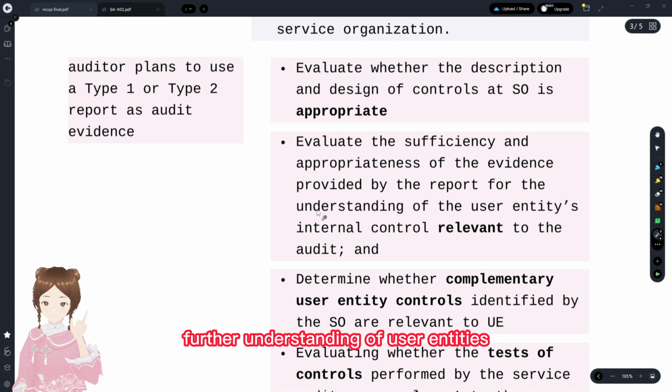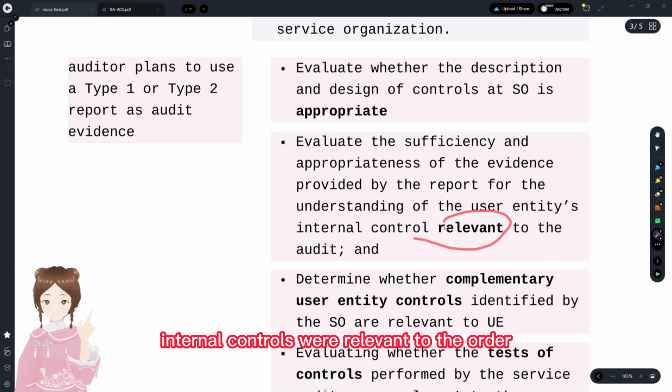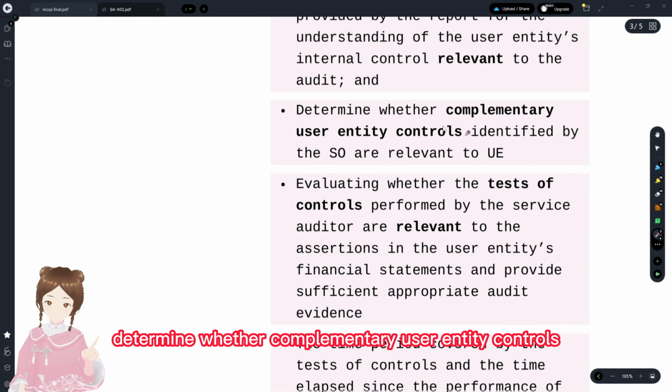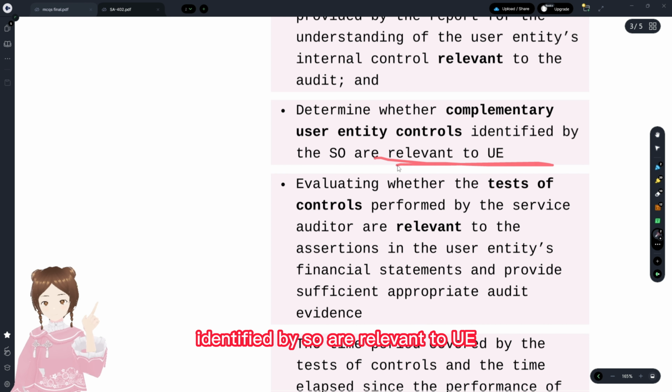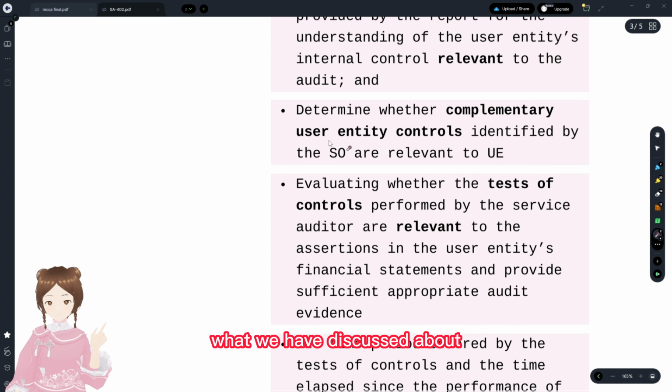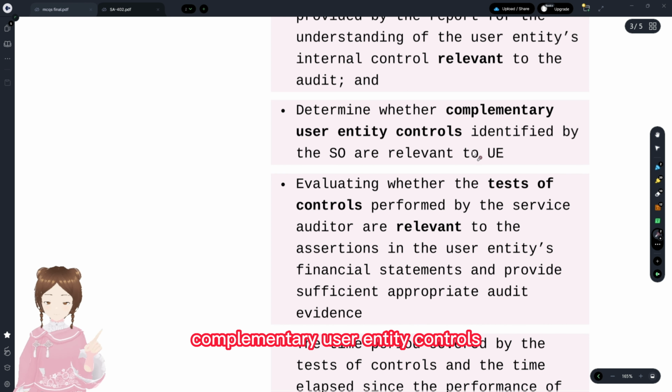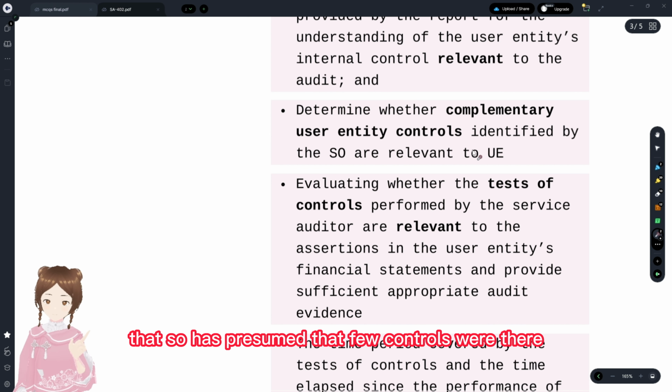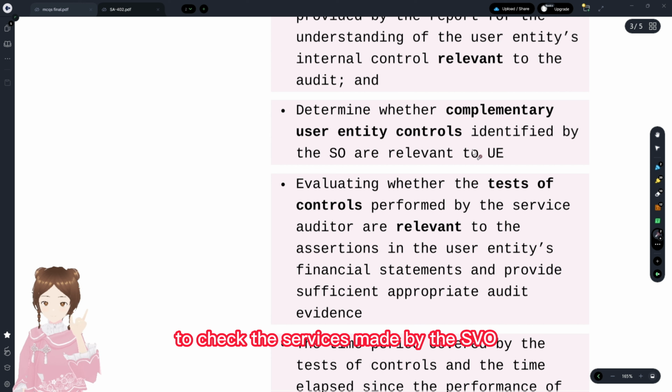By the report, a further understanding of the user entity's internal controls relevant to the audit is obtained. Determine whether the complementary user entity controls identified by the SO are relevant to the UE. We have discussed complementary user entity controls: the SO presumes that a few controls are also there in the user entity to check the services provided by the SO.